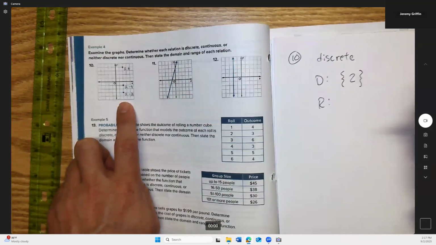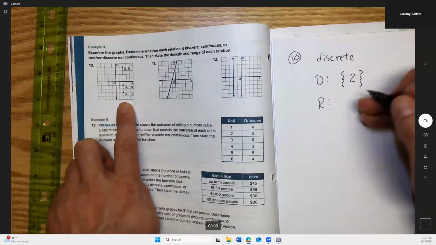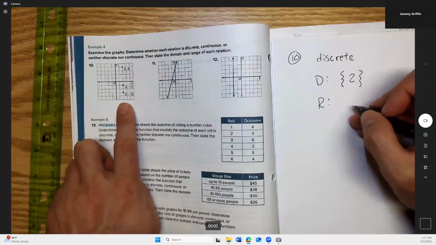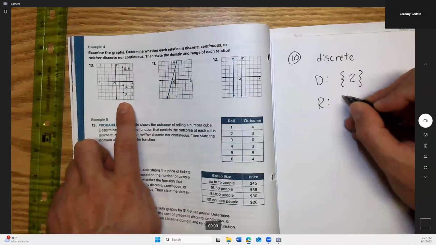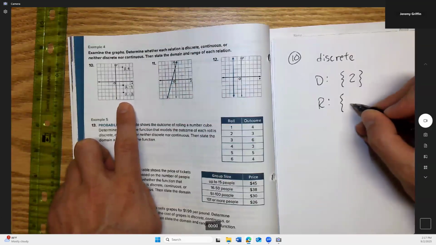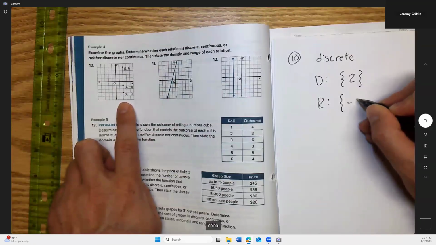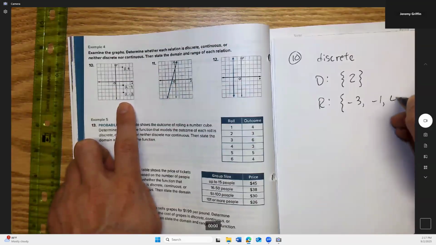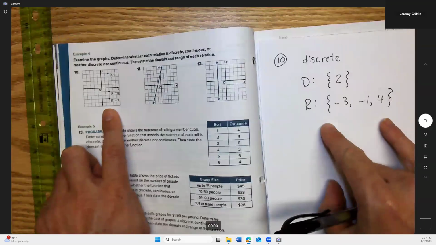That's it, just 2. Now, what's the range? Do I still need curly brackets? Yeah. How about -3, -1, and 4? Those are the 3 y values.